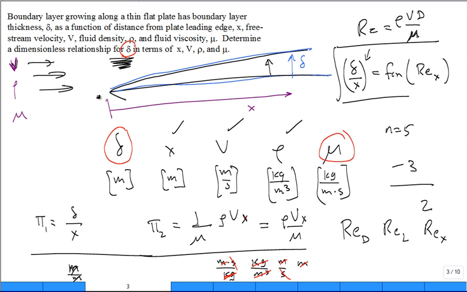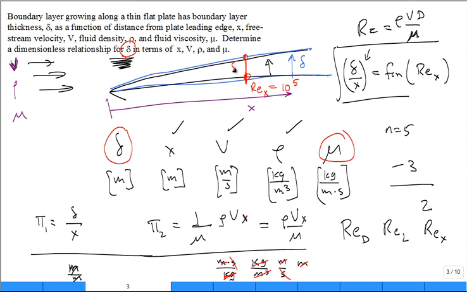In one case, I'd say the Reynolds number at that location is, let's say, 10 to the 5, or 10 to the 4 or something. I would get the measurement of the thickness of that boundary layer in that case. Then I could go to the other one and match the Reynolds number, which tells me the distance from the leading edge and depends on the velocity.